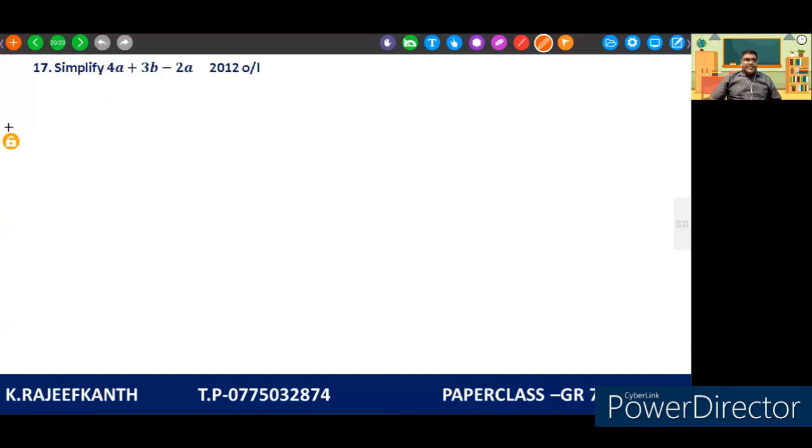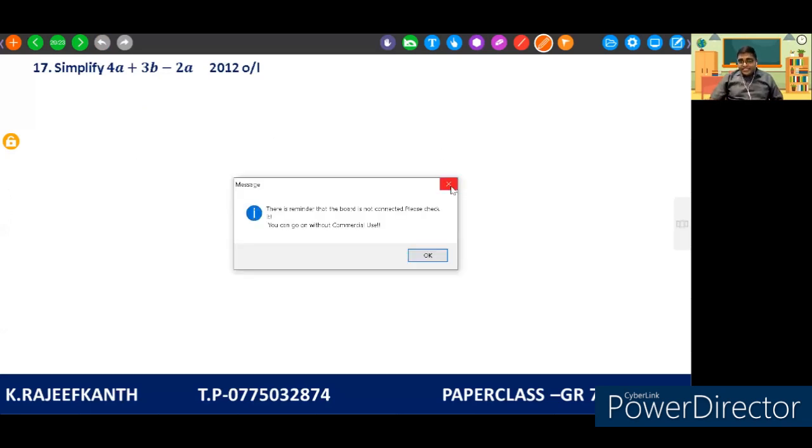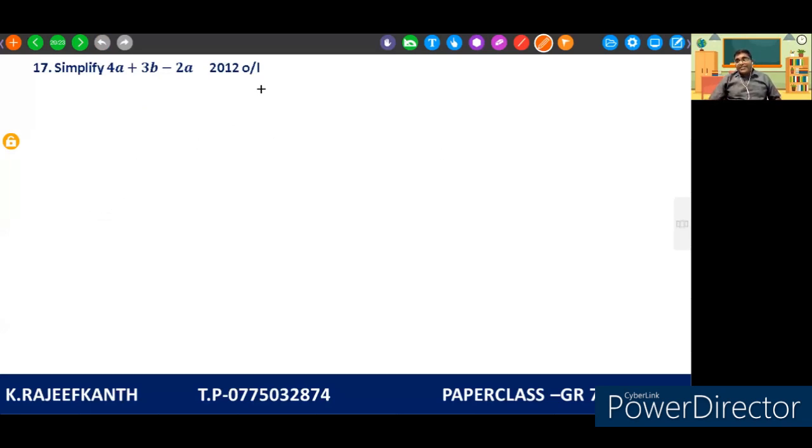Right? Then question number 17. Simplify 4a plus 3b minus 2a. This is also grade 7. But this question came in the 2012 O-level paper. Here you know, in the algebraic expression you have learned, 4a and 3b are unlike terms.